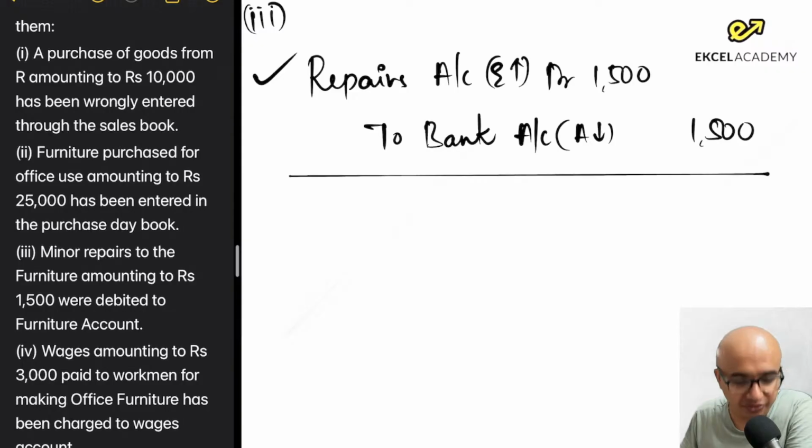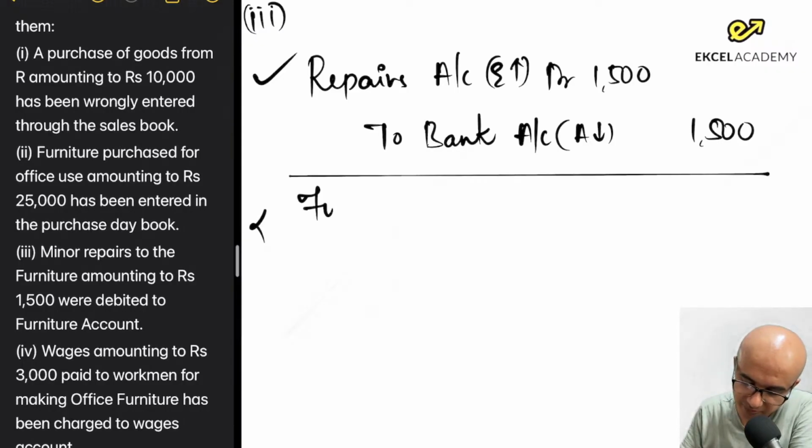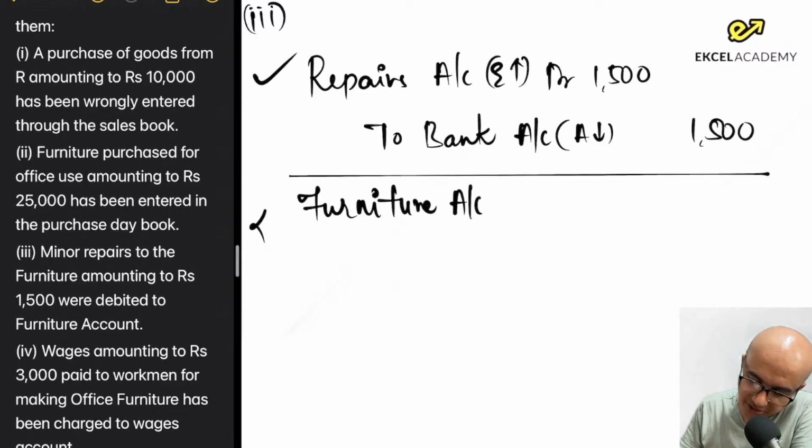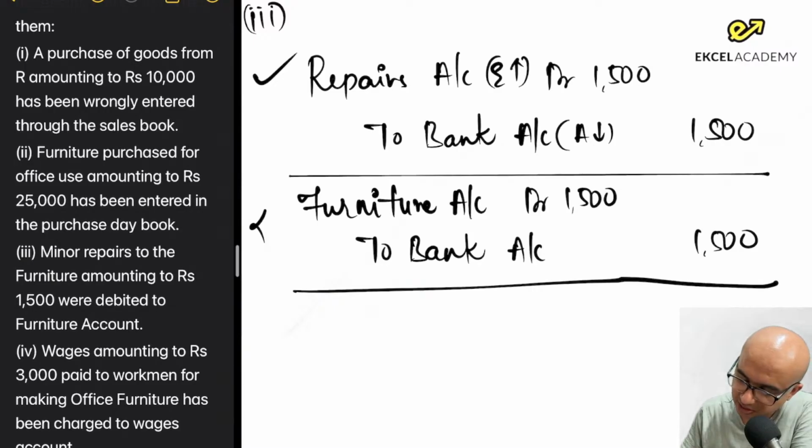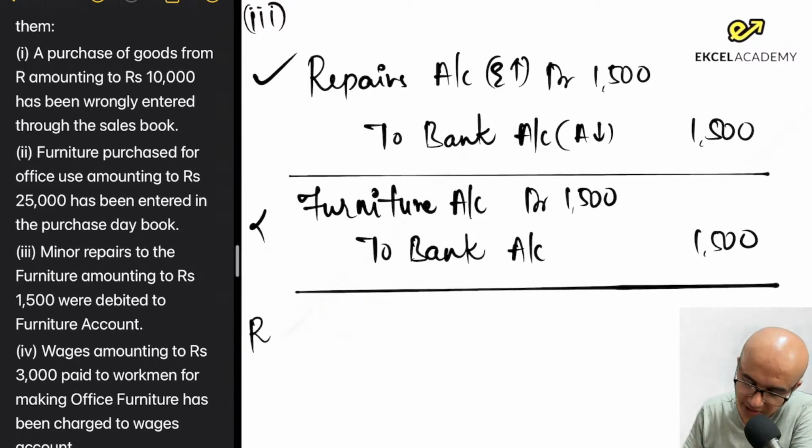But instead of this, what did they do? They debited the furniture account itself. Furniture account debit 1500 to bank, which is wrong because there is no asset involved in this case. Of course, the only asset involved here is bank, which they have anyway correctly given credit to. Now the rectification.